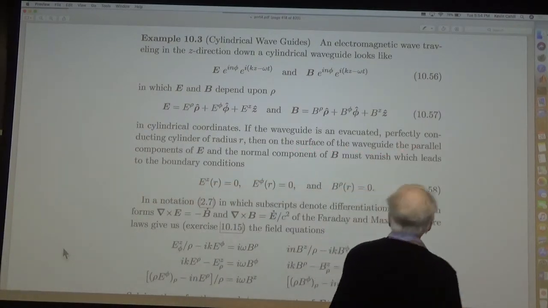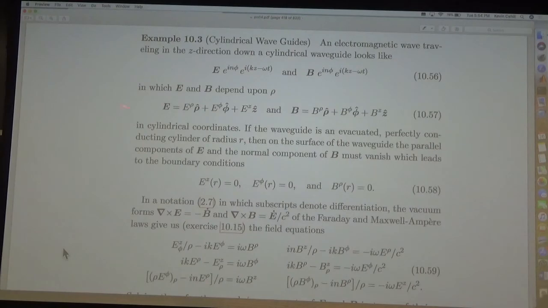If the waveguide is evacuated and perfectly conducting, if the waveguide is a perfectly conducting cylinder that's evacuated, then on the surface the parallel components of E and the normal components of B vanish at the surface.